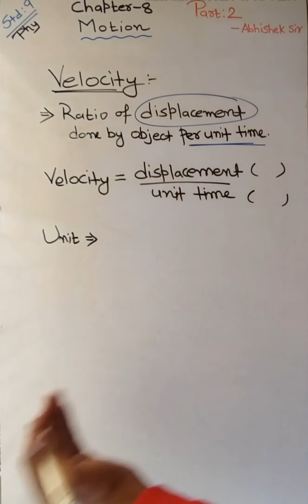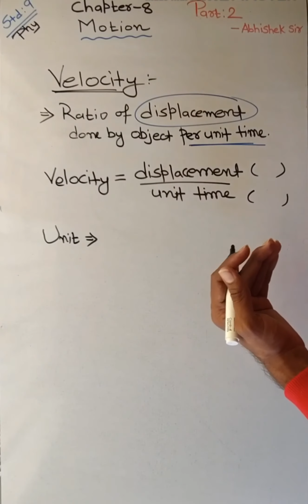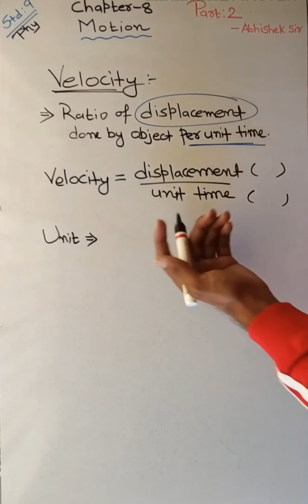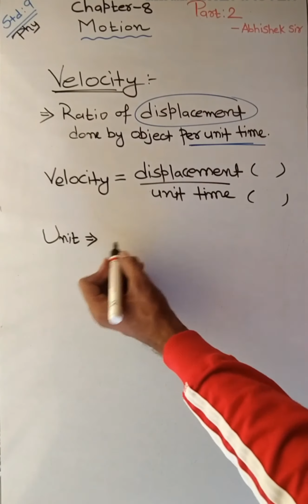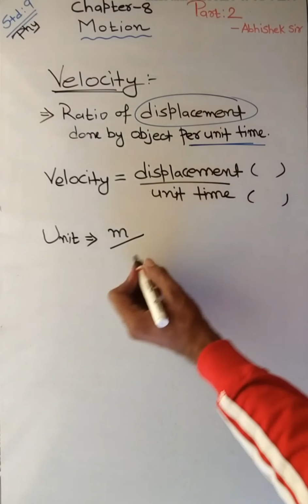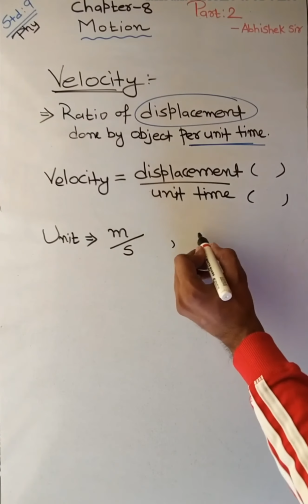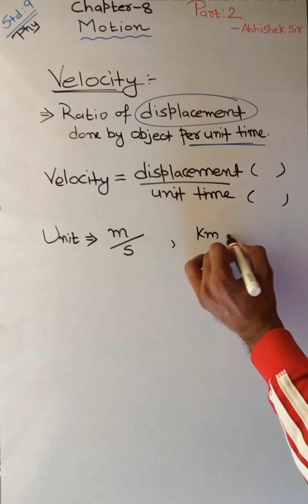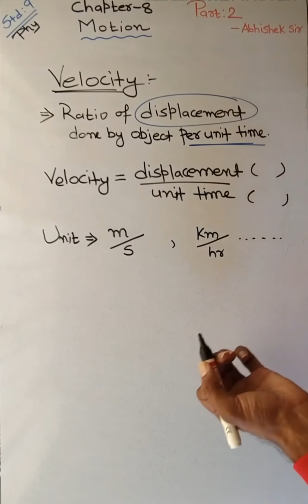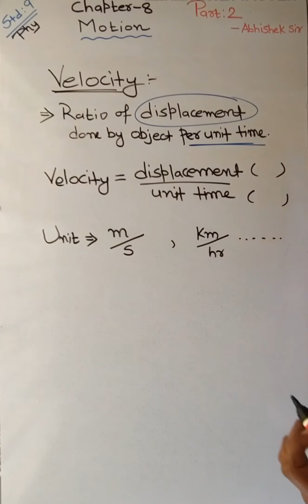Displacement is change in position, so we use units like meter, kilometer, etc., just like distance. And for time, we have second. So what is the official SI unit? Displacement is measured in meter and time is measured in second. We have other units as well, like kilometer per hour, centimeter per second, etc. But the standard unit will be meter per second.